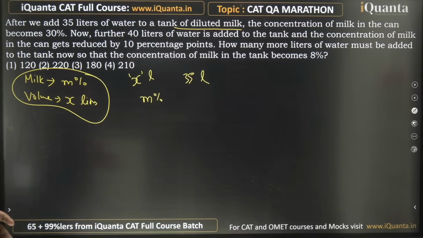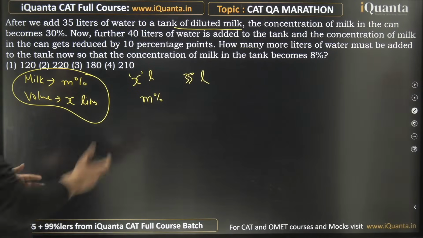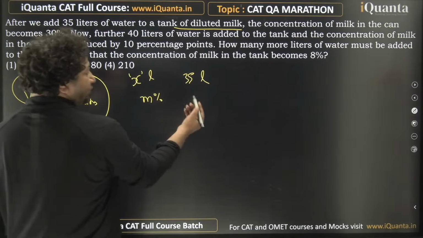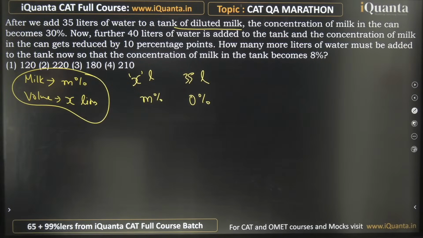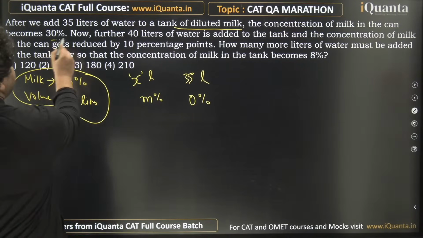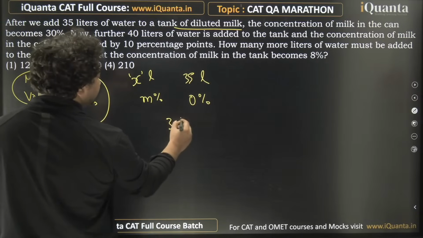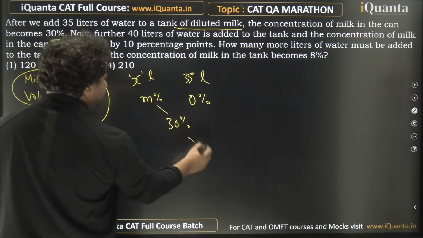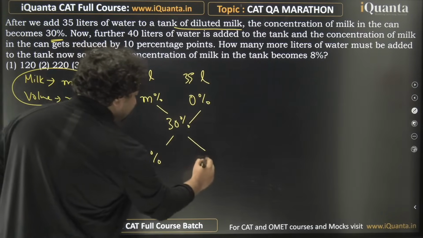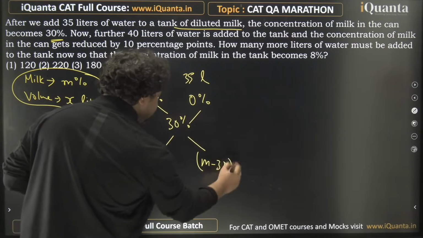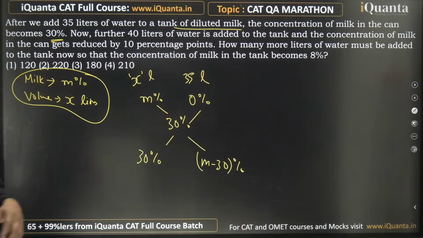It's 0, right? So I am writing this in terms of concentration of milk. So for water it will be 0%. I hope all of you understand that. Clear? It is 0%. The moment they are mixed, it becomes 30%. I'll put it over here. By alligation, I get 30% over here and m minus 30% over here.